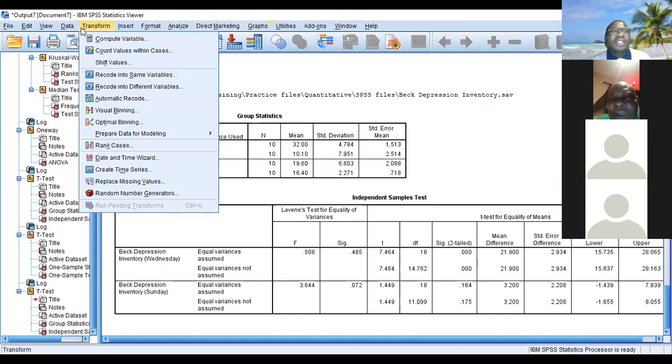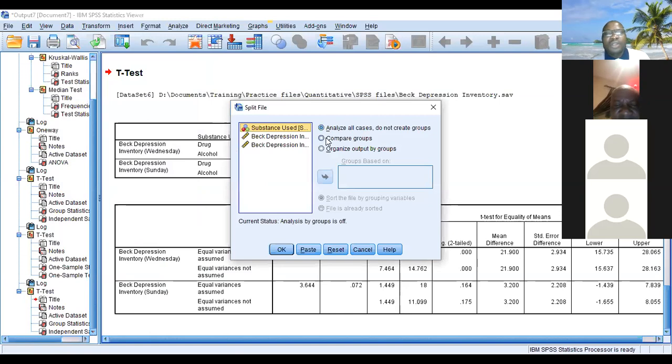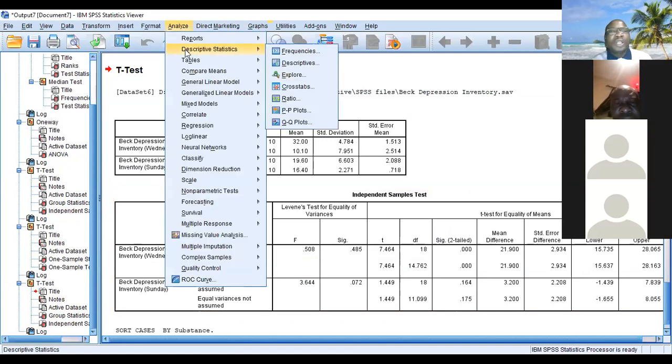Under Data, you can go and split. It's the same whether you are there or here. Under Data, go to Split, and compare groups. You now move the group variable here. So whatever you do now, it will do it separately for the drug and for alcohol. So let me go for it now.